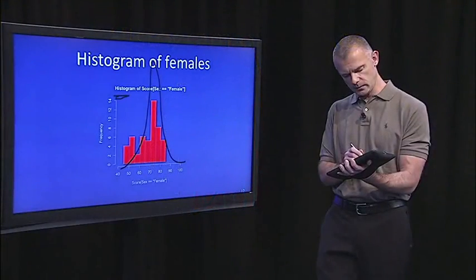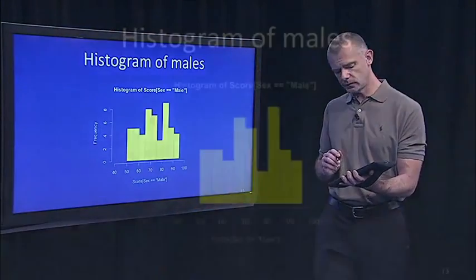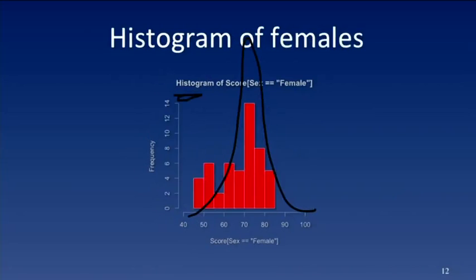Let's compare that to the males. Here's the histogram for the males. If you look at the y-axis, frequency, this number here is 8. Let's go back and look at the women. We had 14 as the peak in that histogram.